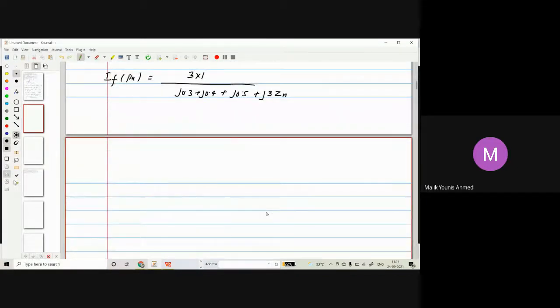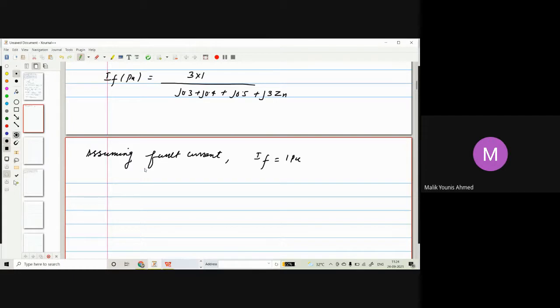Rated line current is how much? 1 per unit. So the fault current should not exceed that. This is a very important point: assuming fault current IF equals 1 per unit.